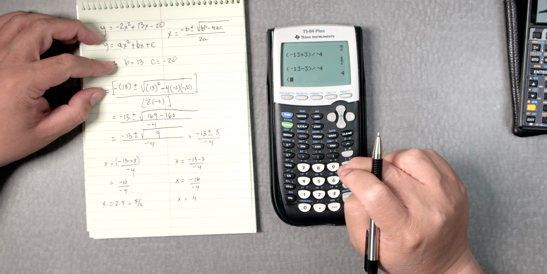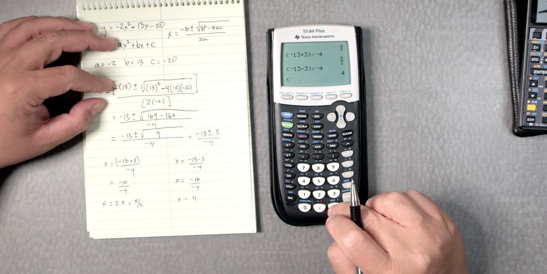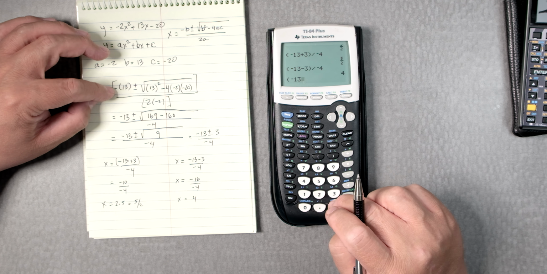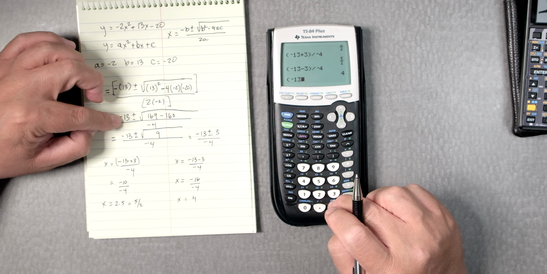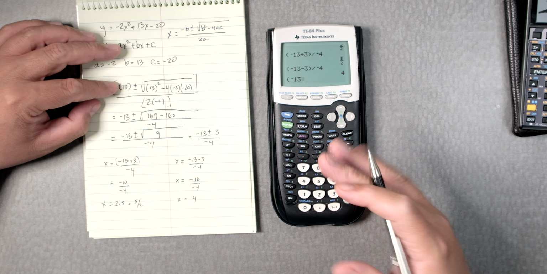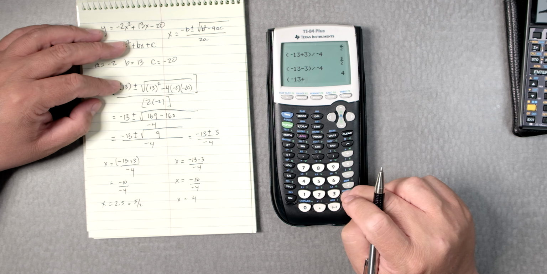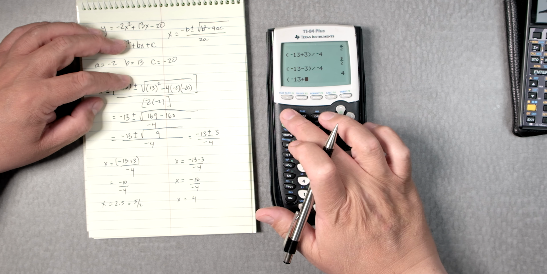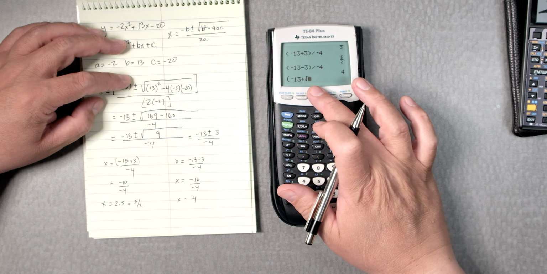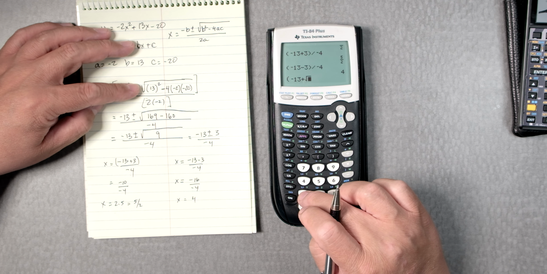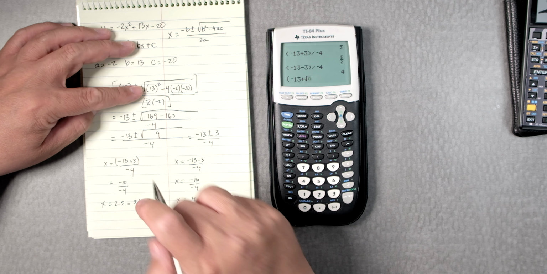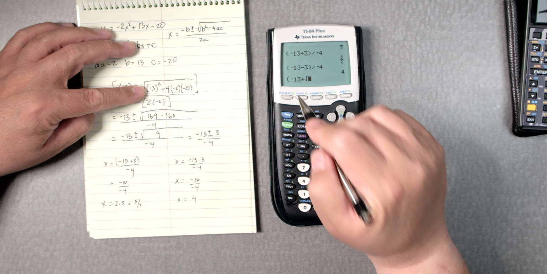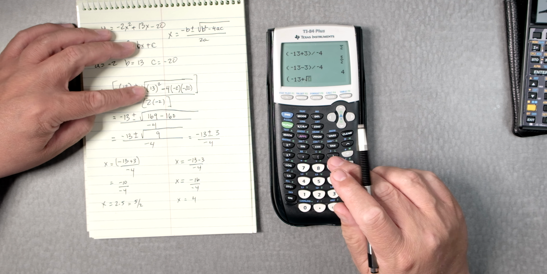So parentheses, I'm going to just say negative 13 because I already know that this is negative 13 automatically, right? Less parentheses, less to worry about, plus, but you can try it with parentheses and it should work, plus second square root, right? And then here, I don't need to put the parentheses because there is no negative 13. But if there was, I would have to put the parentheses in there.